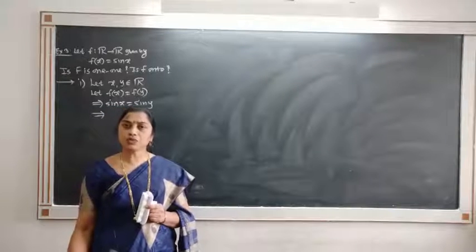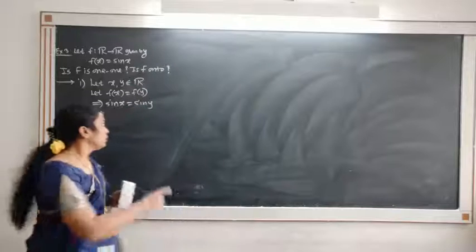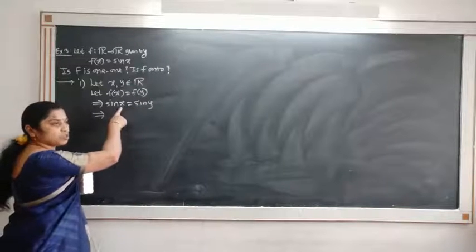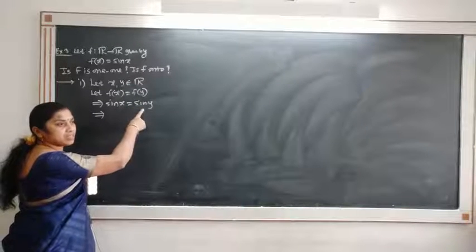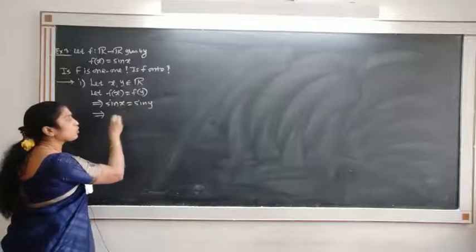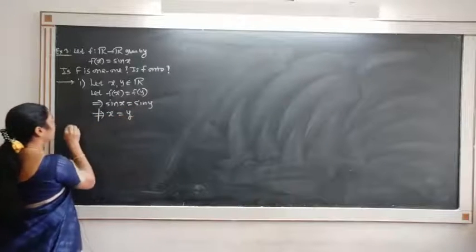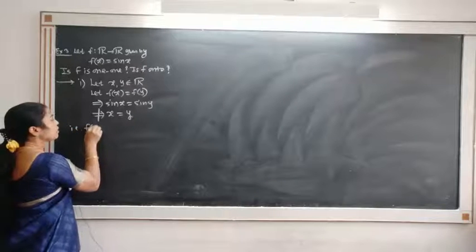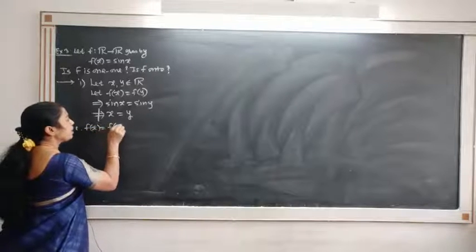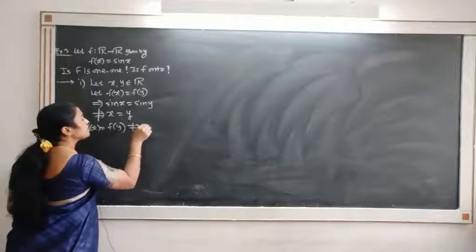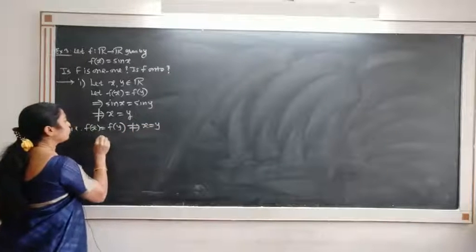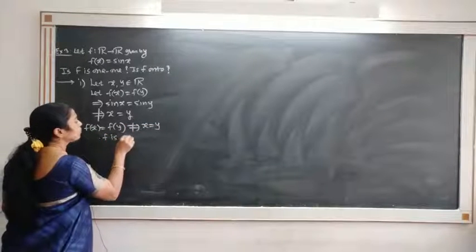No, because we know that sin 0 is also 0 and sin pi is also 0, but 0 and pi are not equal. So this does not imply x is equal to y. That is, starting with f(x) equal to f(y), we don't get x equal to y, and therefore f is not 1-1.